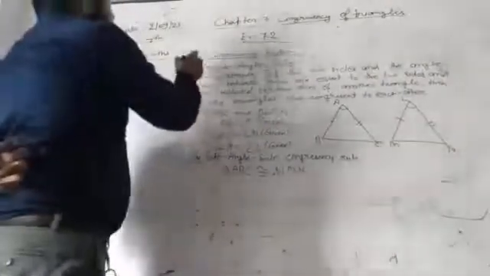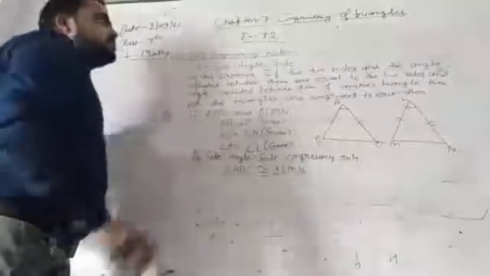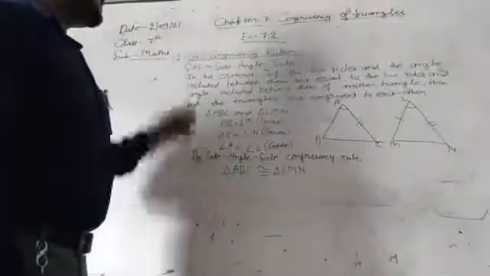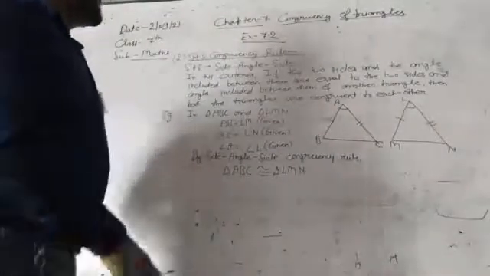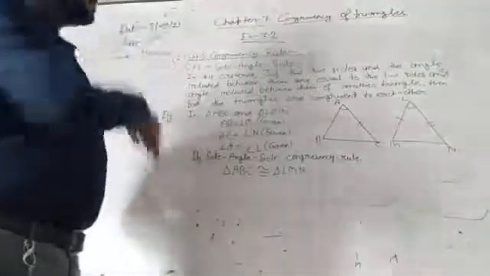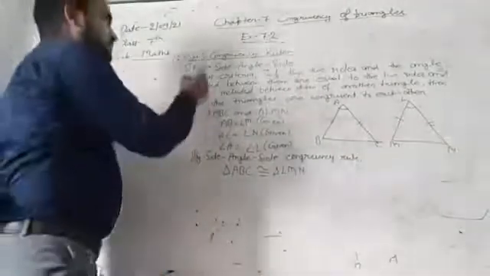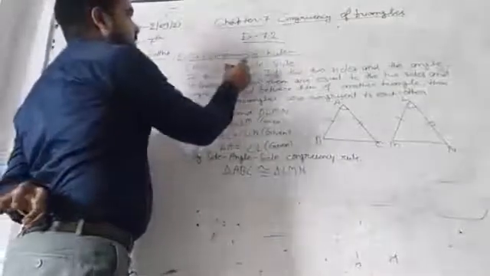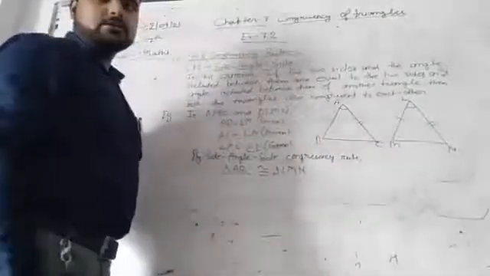So let's revise the criteria. SAS congruency rule, that is the side angle side congruency rule.